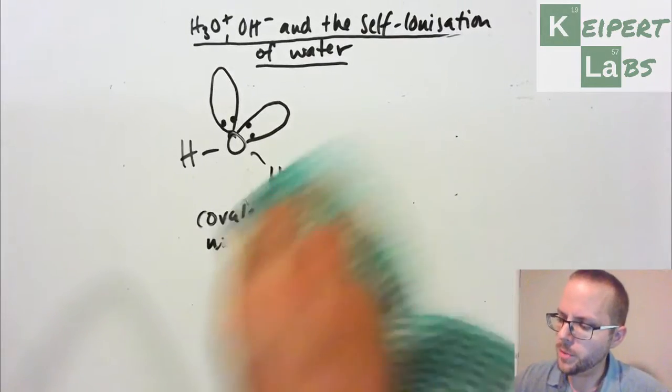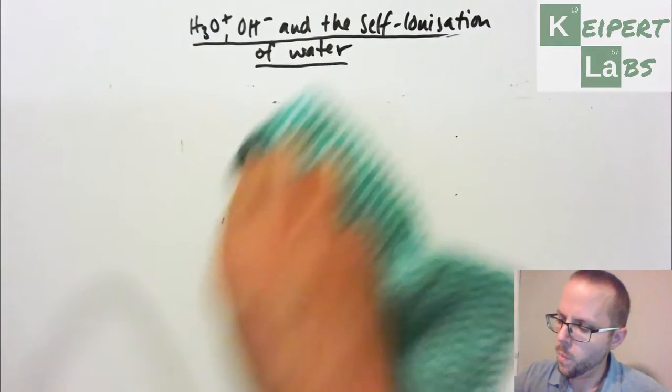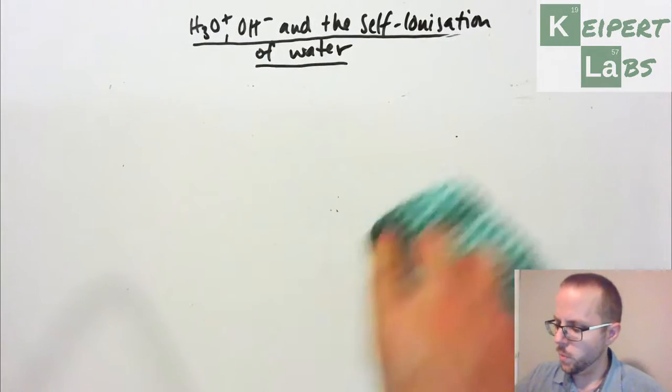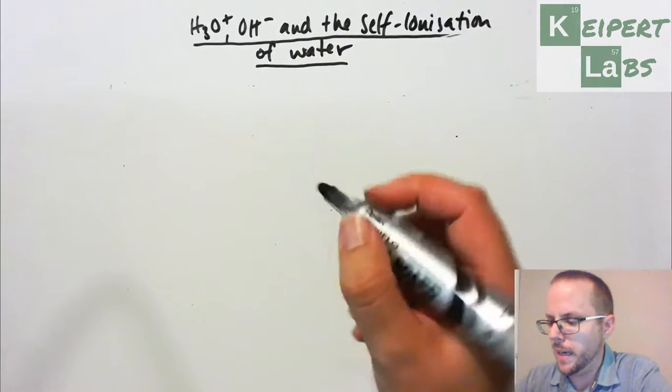The answer comes back to what we've been learning about with the Lowry-Bronsted theory. When we're thinking about acids and bases, water isn't necessarily the impartial solvent that we've been making it out to be.